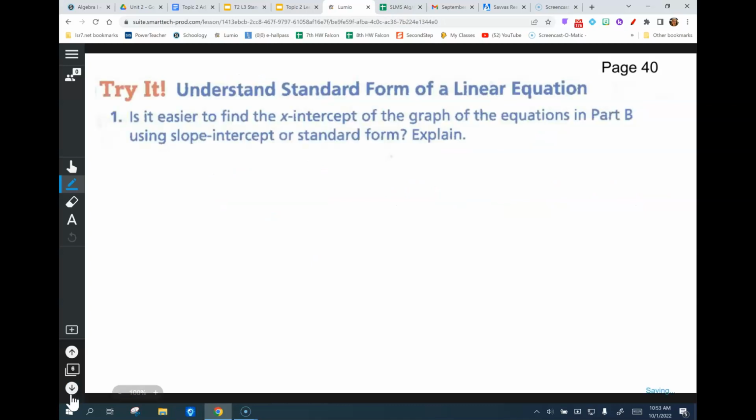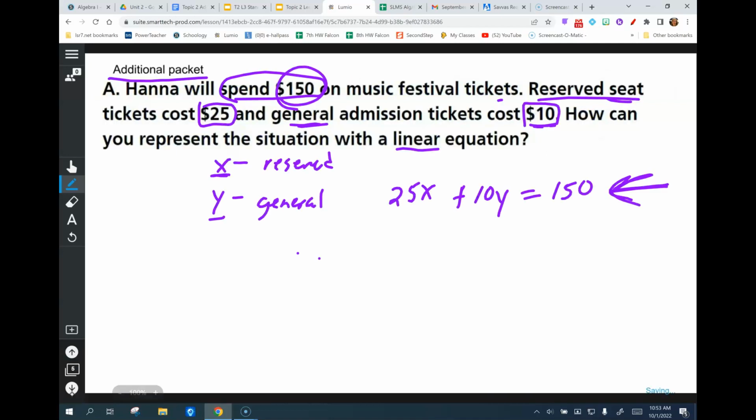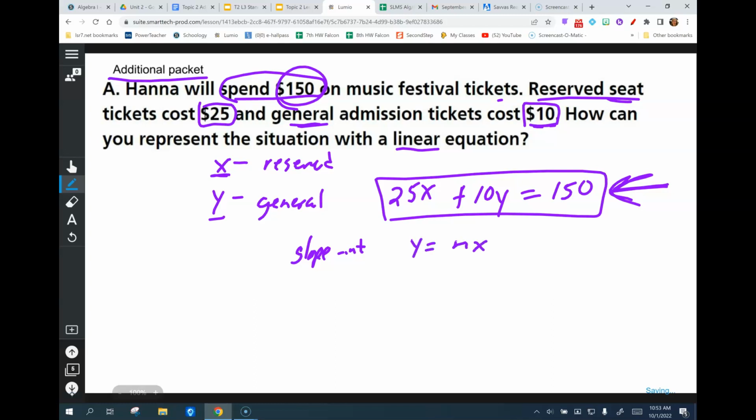Now, is it easier to find the x-intercept of the graph of the equation in part B using slope-intercept or standard form? Okay, so what was supposed to happen back here is they wanted you to take this equation, this is standard form, and then we could also find it in slope-intercept form. Remember, slope-intercept is y equals mx plus b.